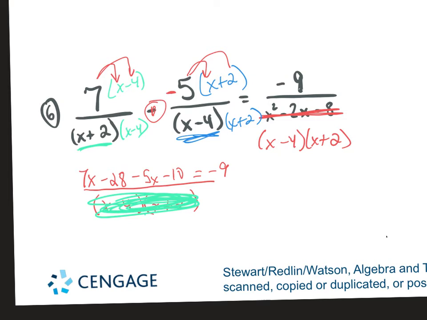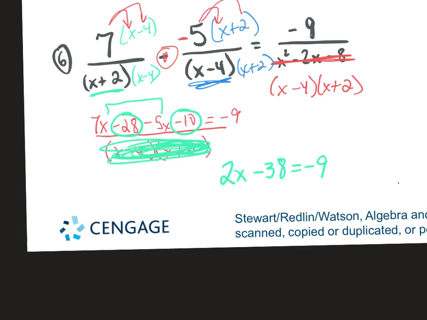So combine like terms first. What's 7x minus 5x? 2x, thank you. And then I have a negative 28 and a negative 10. Gives me what? Negative 38 equals negative 9. How would I solve this?